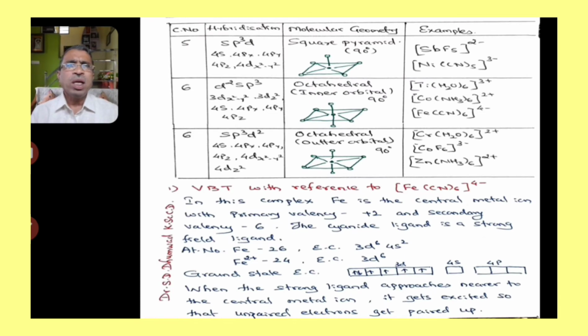Now, coming to coordination number 5, there is one more hybridization known as dsp3 hybridization. Here, the outer d orbital is involved, that is 4s, 4px, 4py, 4pz and 4dx²-y² orbitals.